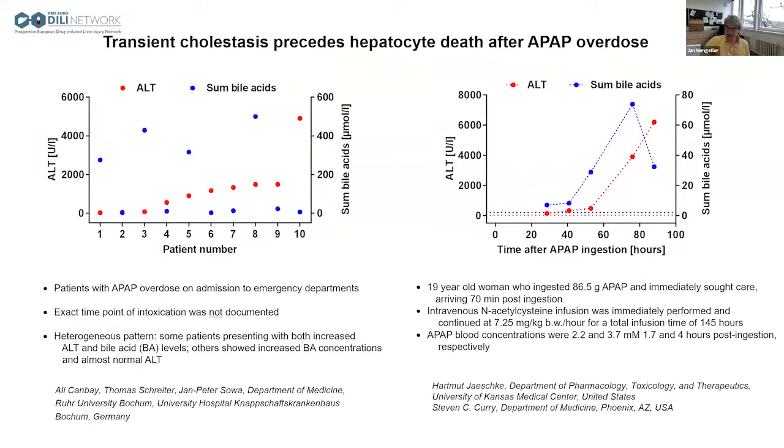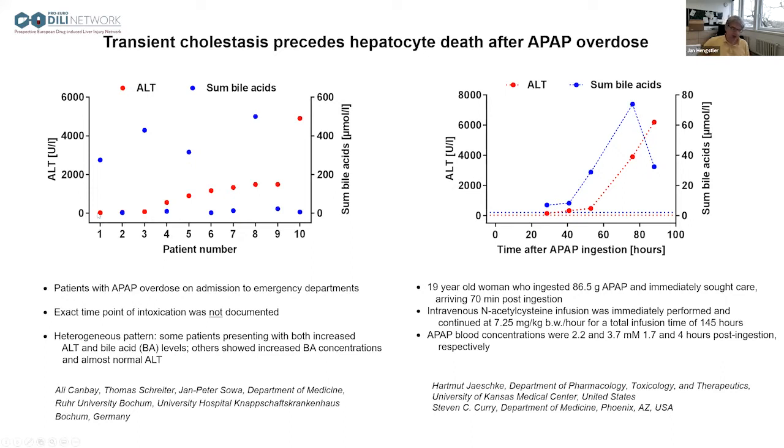This is difficult to study in humans because the data one usually obtains from patients is like this. This is from an intensive care unit close to us in Essen. One gets a very heterogeneous situation.